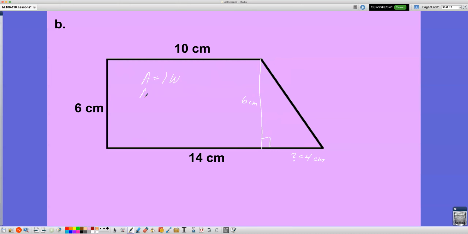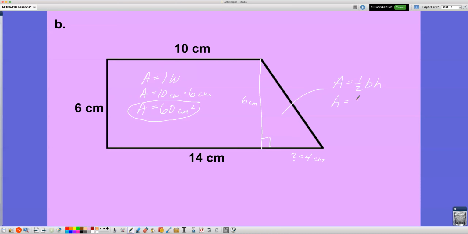So I know now I've got area equals length times width. And in this case, the length is going to be 10 centimeters and the width is 6 centimeters. So this rectangle, the area equals 60 centimeters squared for the rectangle. For the area of the triangle, area equals 1/2 base times height is what I like to use for my equation.